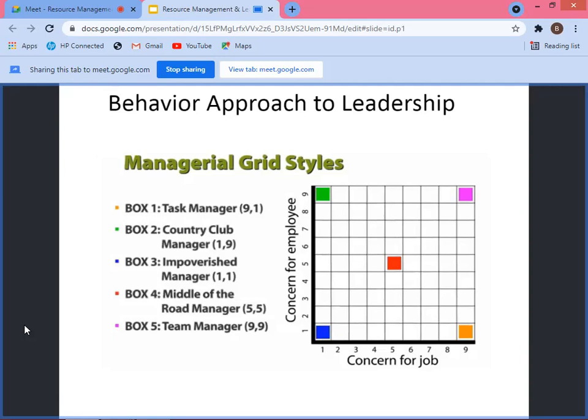Especially if you don't have the authority. If you are not delegated that authority, then you cannot be like that. Okay? So these are the managerial grid styles: 9,1, 1,9, 1,1, 5,5, 9,9.